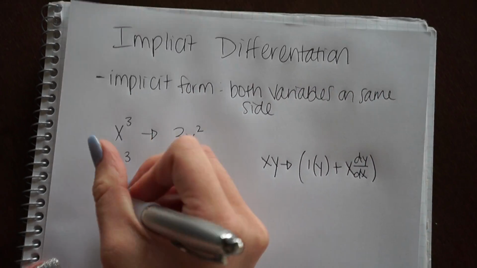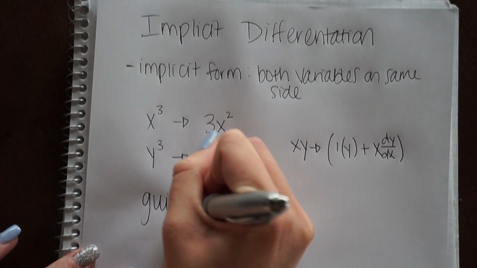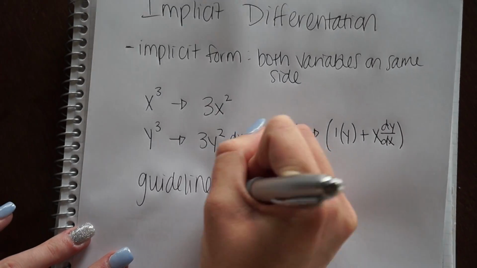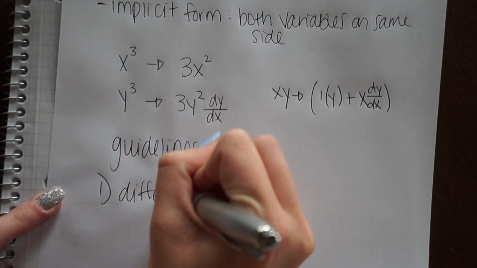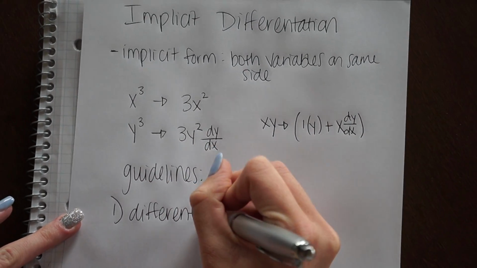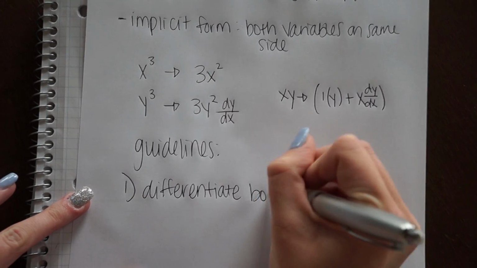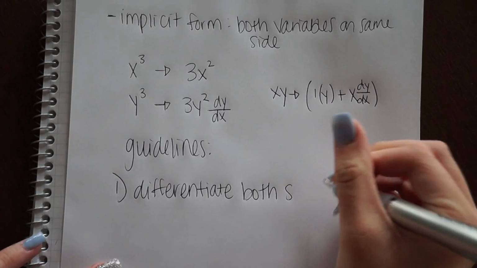So let's write out the basic guideline so we can understand what our steps are. First, you're going to differentiate both sides of the equation with respect to x.